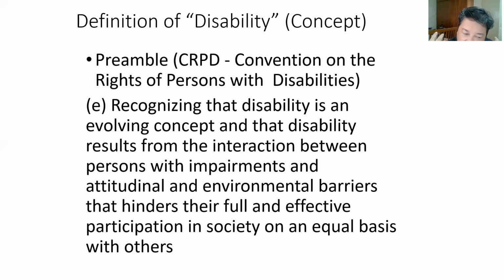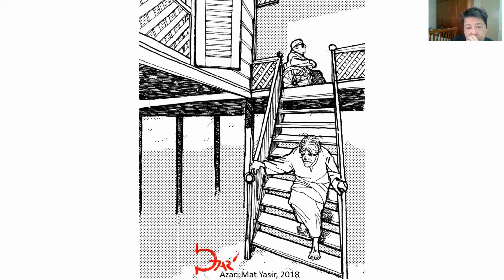So this issue of impairment is that everyone will have impairment, but the environment and the attitudes need to have no barriers or minimize the barriers so that they can participate fully on an equal basis. So the idea of disability is not something that is alien, but it's something that can happen to anyone at any time in their lives.